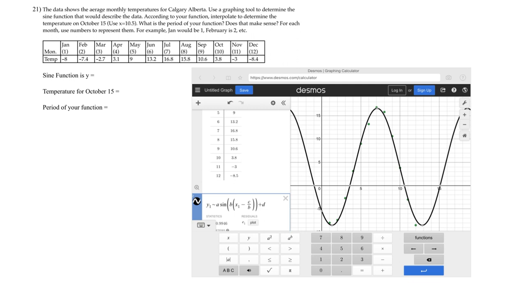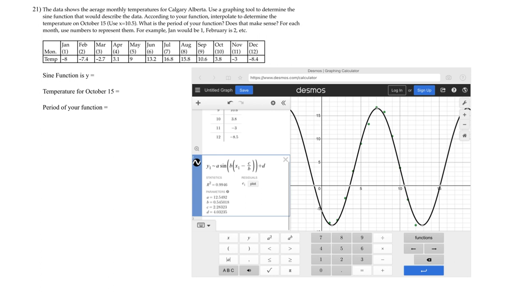Okay, so now decimals has modeled that function for me, so I need to get some data from it. So the first thing I'm going to do is rewrite the function. So the function will be y is equal to a is 12.5 sine, and then bracket, b is 0.55, bracket, x minus c is 2.28, divided by b, 0.55 again.